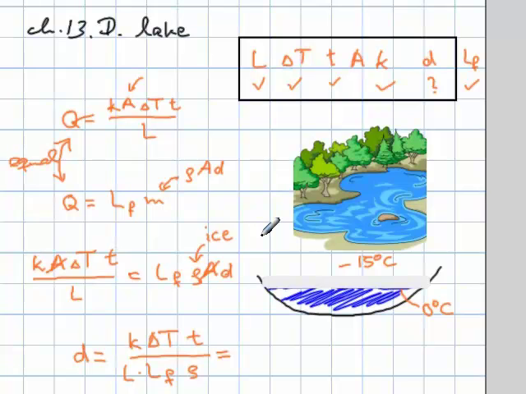And I come up with 1.07 times 10 to the negative 4, and I'm supposed to write that in millimeters, so it's going to be 0.107 millimeters. So a small fraction of an inch that it freezes over in 5 minutes. And I think we have two significant figures in this problem, so I should write that as 0.11.